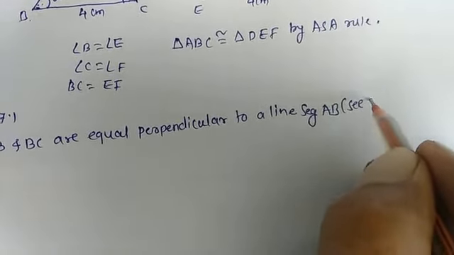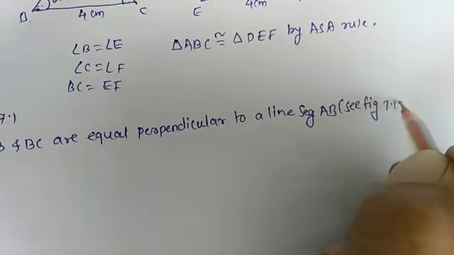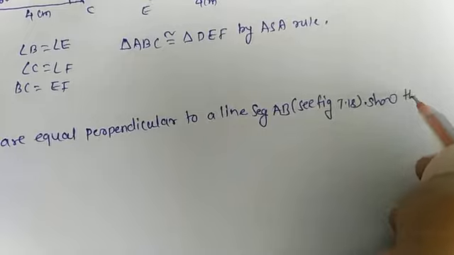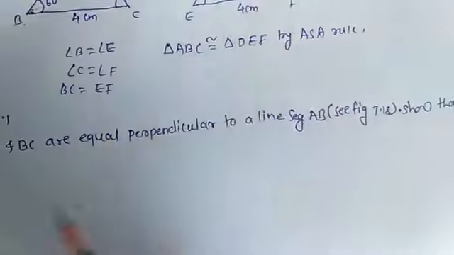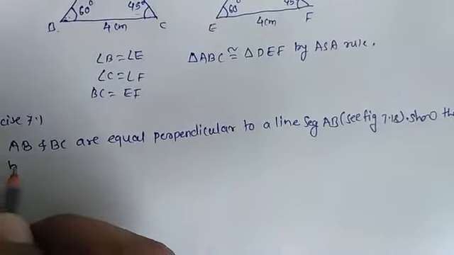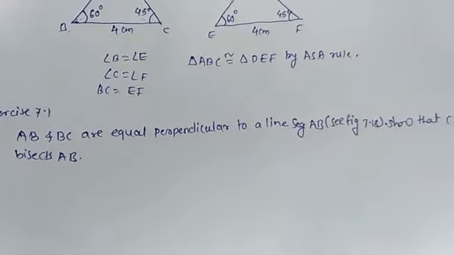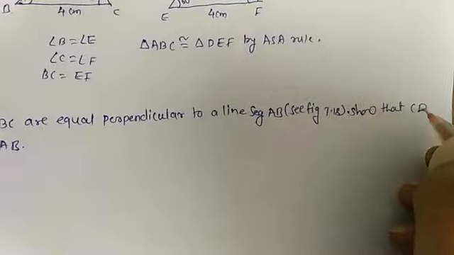See figure 7.18 and show that CD bisects AB. Okay, we have to show that CD bisects AB.